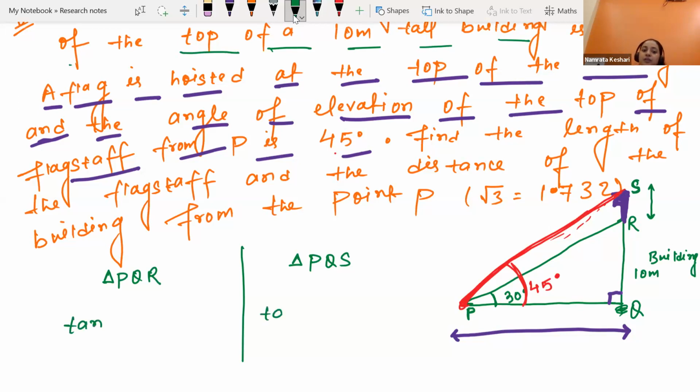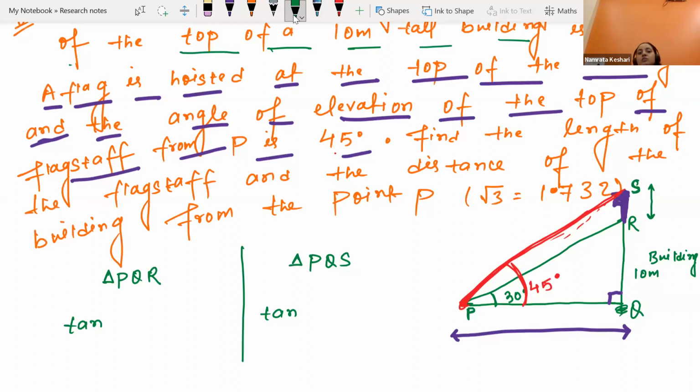In most of the questions we'll be taking tan only, though there can be contradictions. We can have scenarios where we must use the length of the string and that type of question is also there. But in most questions we'll be using tan. How you will decide, you understand, right?